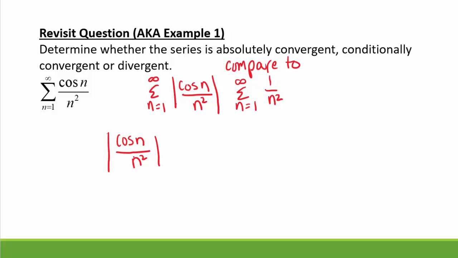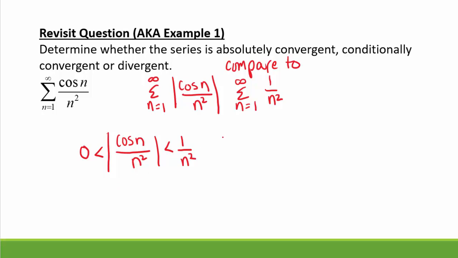Well, cosine goes between positive and negative 1. With the absolute value signs, I know that this is going to be less than 1 over n squared. I know the smallest it could be is 0.